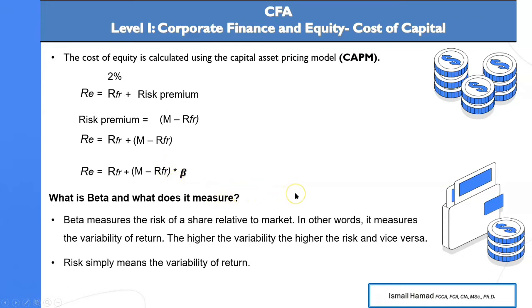We normally get it in the exam, but in real life, we check the return of the market against the return of the company we are interested in. How do we do it? Let us go to Yahoo Finance and do a practical exercise.